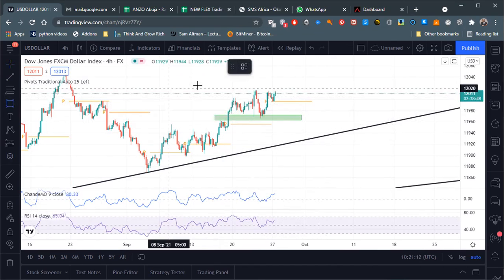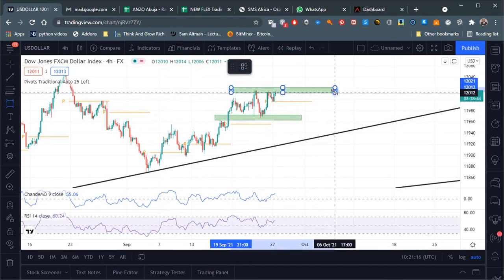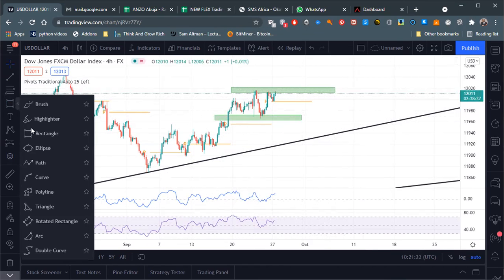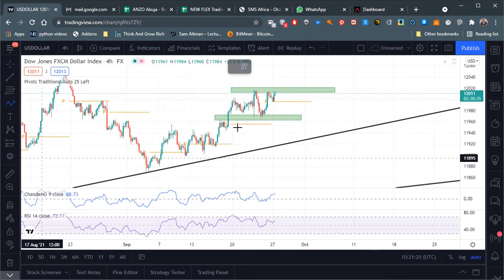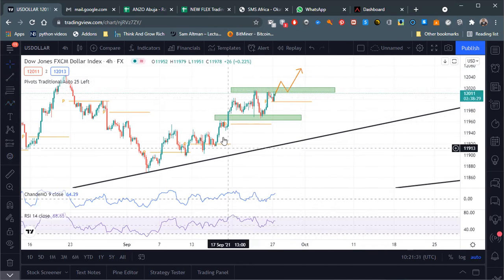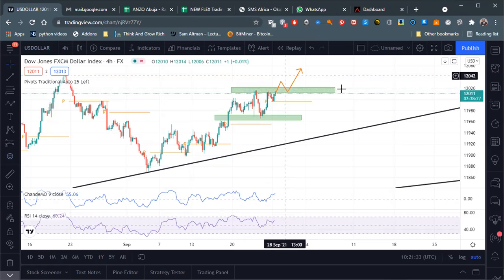What we're looking at for this week is this high here. If we see the dollar break above this level, that area could turn to support and help price move up. If we do get a break above here, this could come back and serve as support, bouncing price back up.